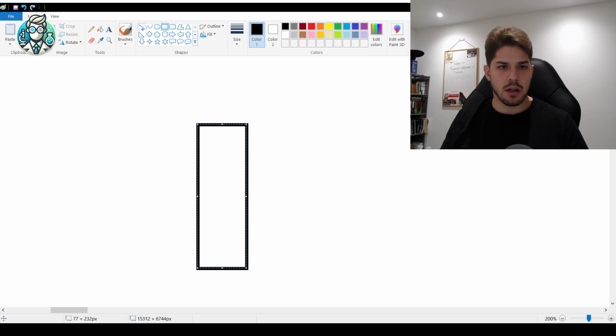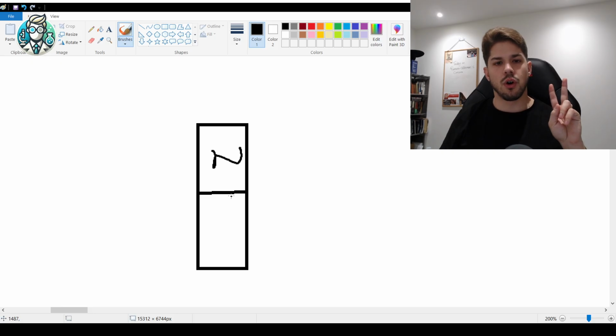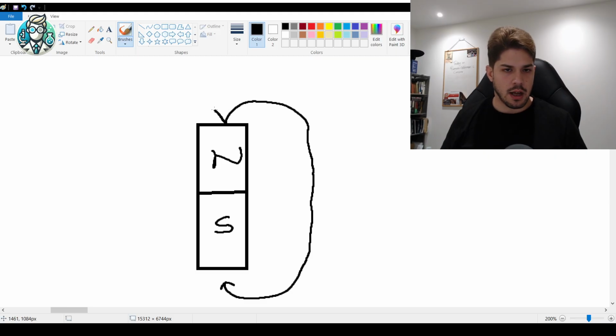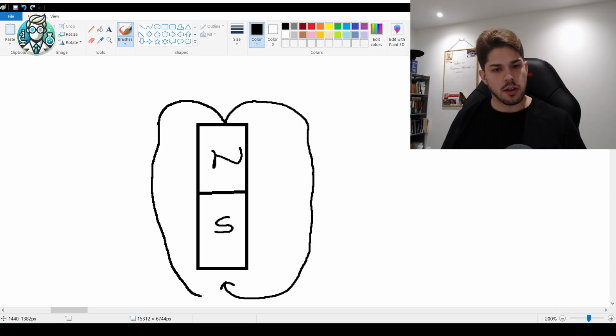This is a bar, and this is our magnet. All the magnets have two poles, north and south. And for those who are already at the end of the topic, you remember that a magnet has a magnetic field that looks like this. It has magnetic lines that look like this.